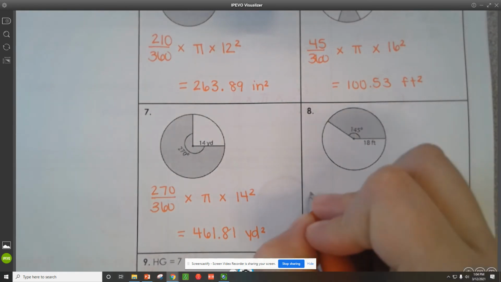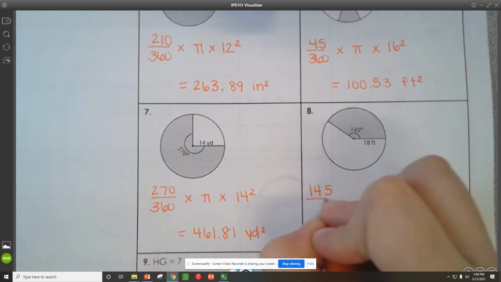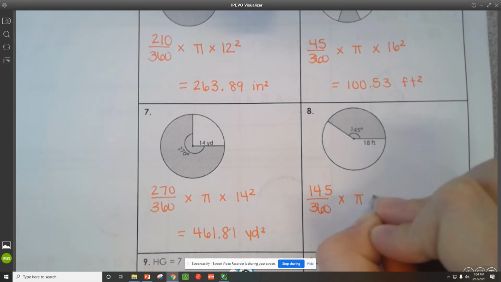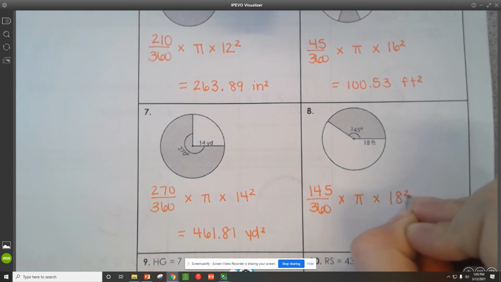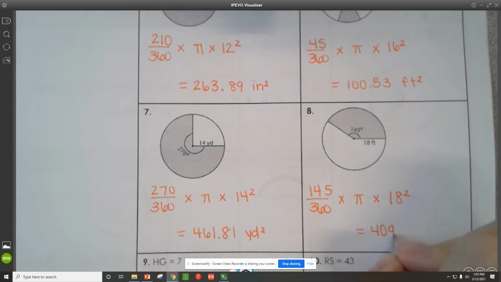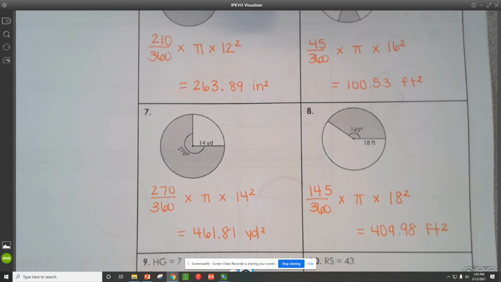Number 8, 145 over 360 times pi times 18 squared. And that is 409.98 feet squared.